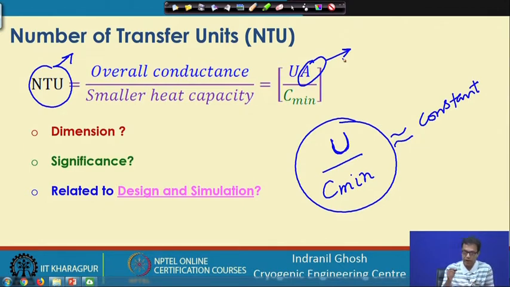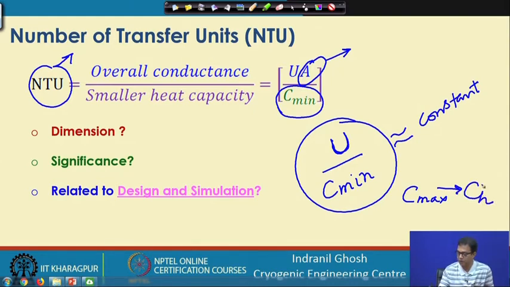And if it is so happening that this C mean will directly control the NTU, but we will also find that C max can also have an effect on the overall NTU, because if the C max is changing, or this C H, say the cold fluid is the minimum capacity fluid and C H, the hot fluid, is the maximum capacity fluid.